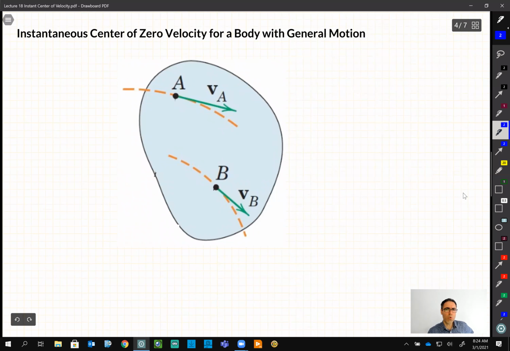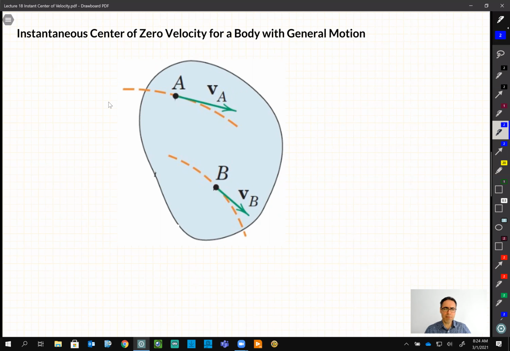get into a more general case. Rather than just having a disk, let's assume that we have a rigid body, and this rigid body has a general motion. Remember, in a general motion the body can rotate and also move, okay? So let's say, as a general assumption, we draw a point A on this rigid body and point B, and point A is moving on a curve, point B is moving on a curve.